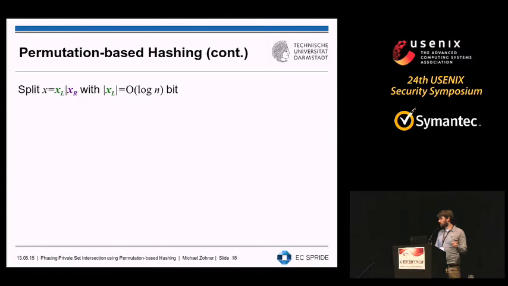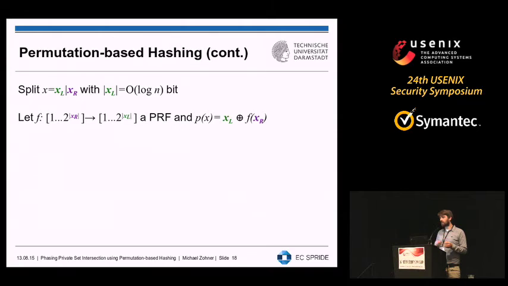I will again just give a brief example of how this works. So you have an element x, you split it into 2 halves, a left half xl and a right half xr, where the left half xl is around log n bits.